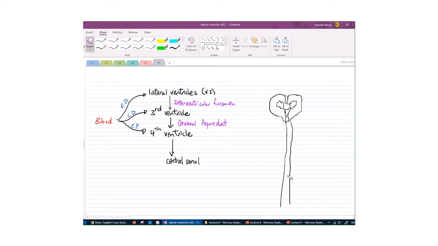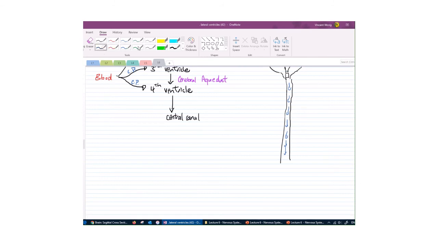In the middle, there's gonna be the central canal, so the CSF is gonna go down through the middle. Now, we haven't talked about this yet, but you just kind of have to believe me for now. At the bottom of the spinal cord, it actually frays out like a ponytail. And so the CSF will come out, and then it will surround the spinal cord.